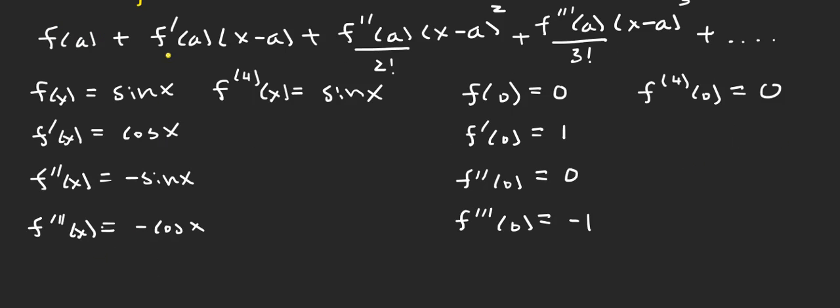So the Taylor polynomial of sine x is f of 0, which is 0, plus f prime of 0, which is 1, times x, plus f double prime of 0 is 0, and 0 times this whole thing will be 0. Well, let's write it down anyways.